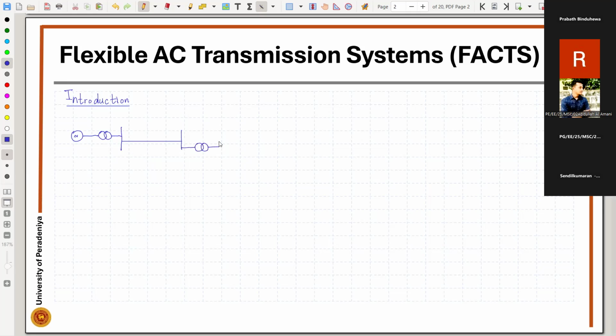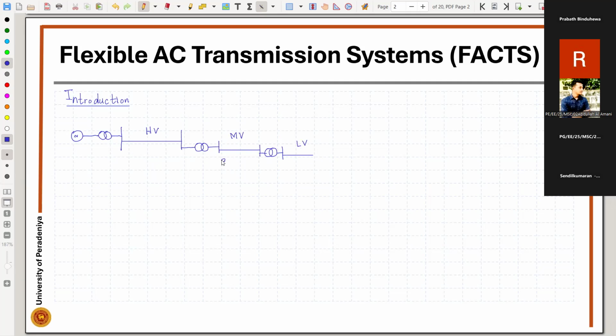We reduce the voltage to medium voltage level, and then near the load we reduce to the low voltage distribution value. So this is high voltage, we have medium voltage, and we have low voltage.